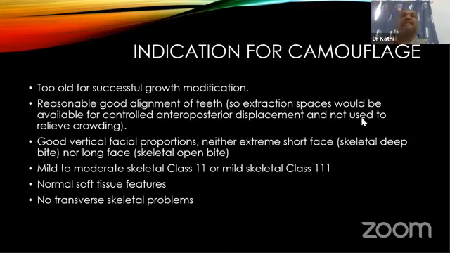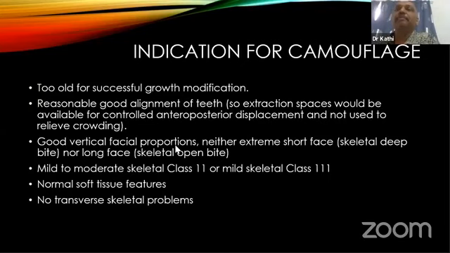So in a nutshell, the indication for camouflage is when the patient is too old for growth modification. By growth modification, I'm saying using functional appliances. The patient has good alignment of the teeth, so extraction spaces would be available for controlled anteroposterior displacement and not used to relieve crowding.